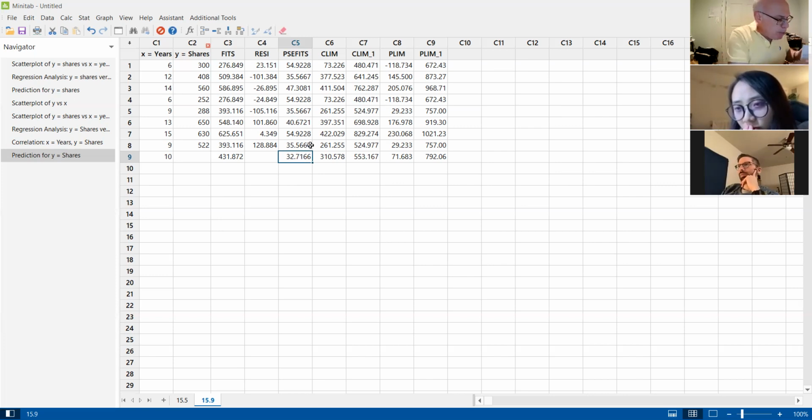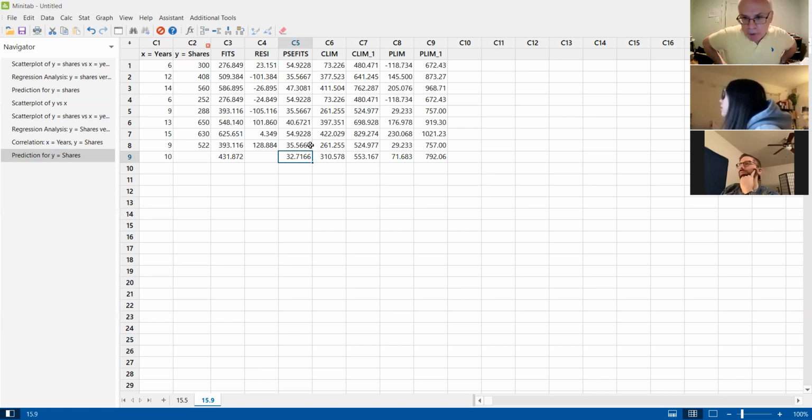Let me show you what page. At the end of the chapter, there's a summary of all the equations. Go to page 589 in your textbook. See all those formulas? Look at the fourth formula down, for the confidence interval for a mean given a specific value of x.